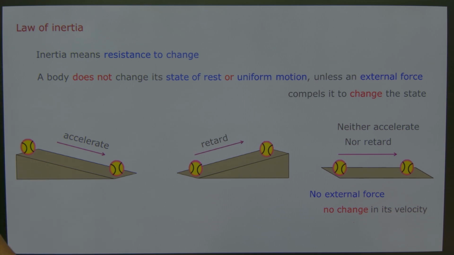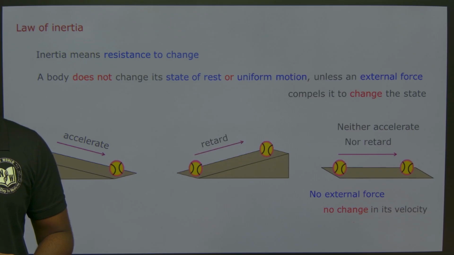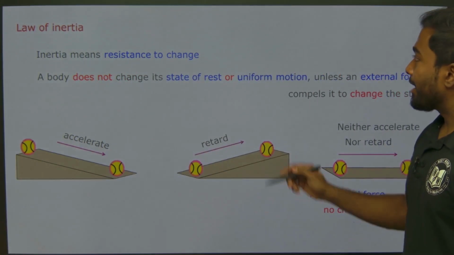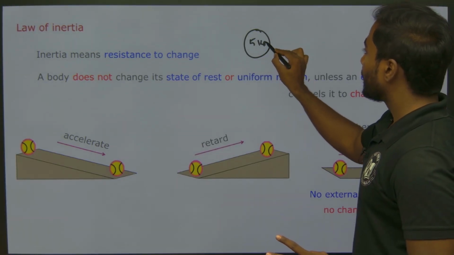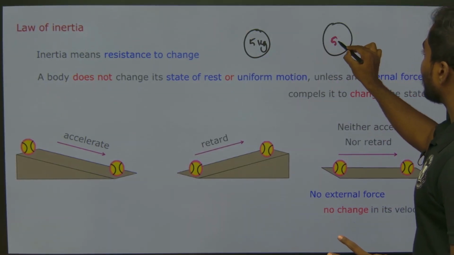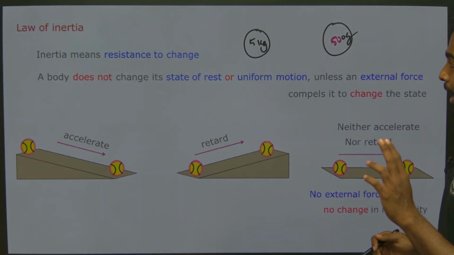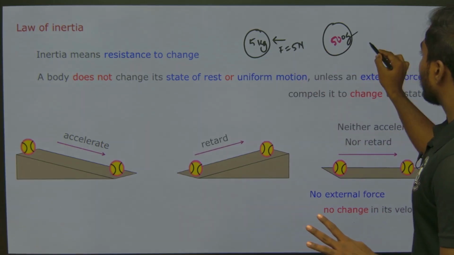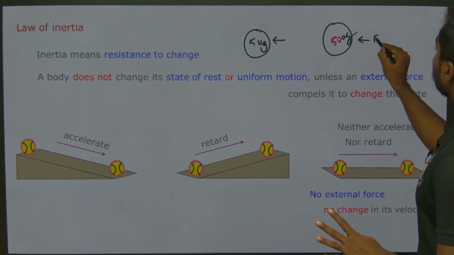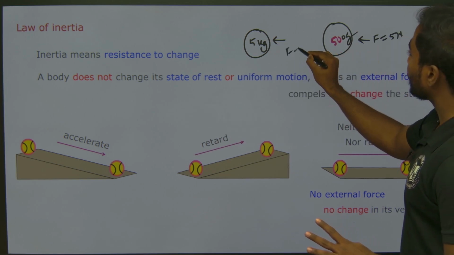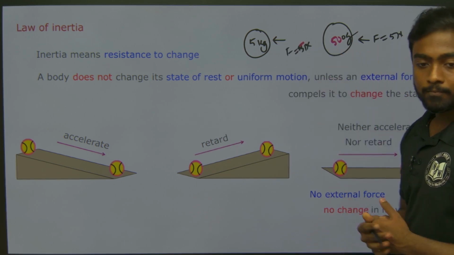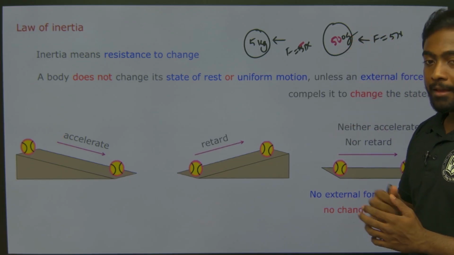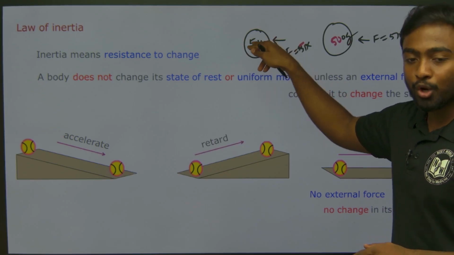So what we can say here: more mass, more inertia. If I take a 5 kg ball and a 500 gram ball, and apply a force of F equals 5 Newton to stop the 500 gram ball, can I apply the same force to stop the 5 kg ball?